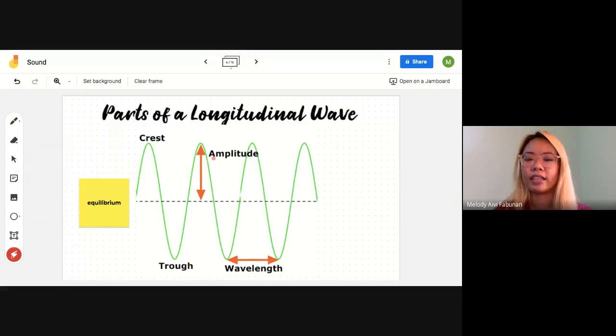Okay, and then let's continue. We say amplitude if we are going to measure only from the equilibrium going to your crest. So the height from the equilibrium going to your crest is what we call your amplitude.